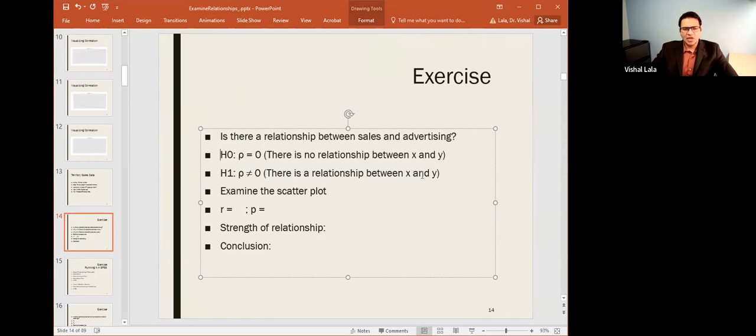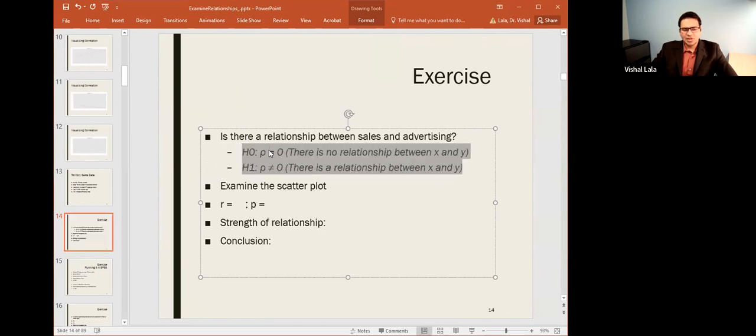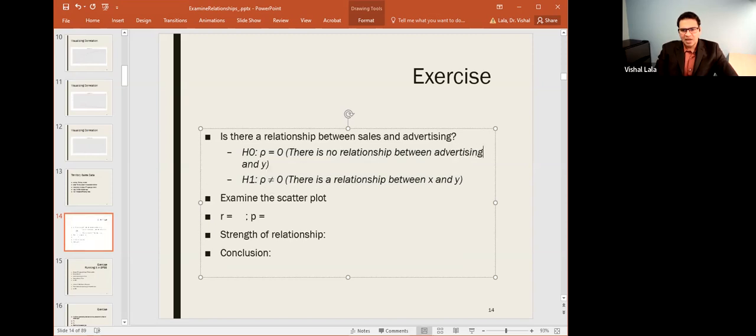Okay, so here we have H0 and H1, which are the generic hypotheses: rho equal to 0 and rho not equal to 0. So our H0 is there is no relationship between X and Y, where X is going to be advertising and Y sales. It doesn't matter what we call X and Y because we're looking at correlation.